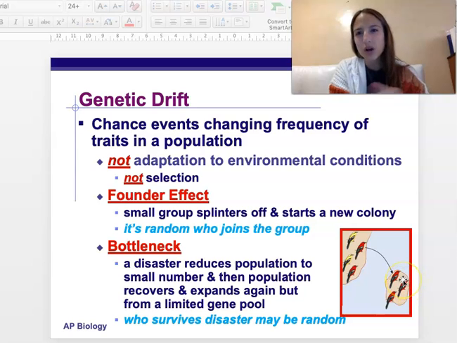a few colonists. And you can see this also in different countries where the population started with a few amount of people or in a very small population. They do not tend to have a lot of genetic variability. They tend to have very little genetic variability because basically all of them came from a few amount of people. Okay, you can also have bottlenecks. It is very similar to founder effect.